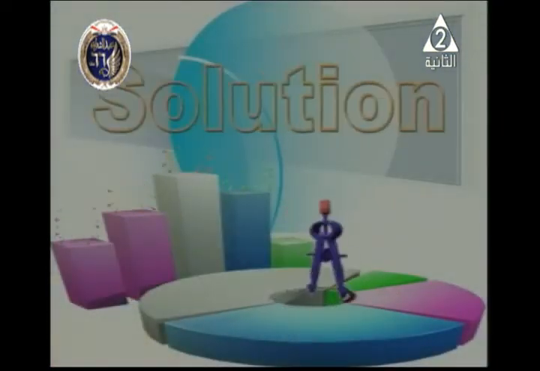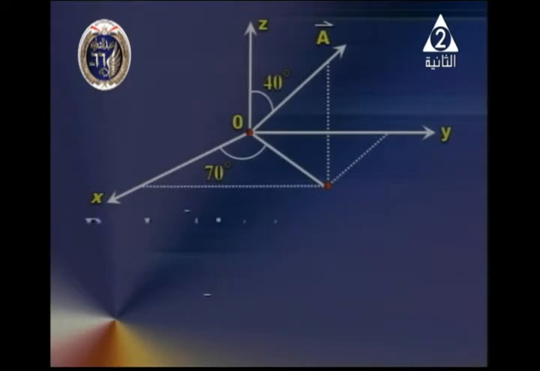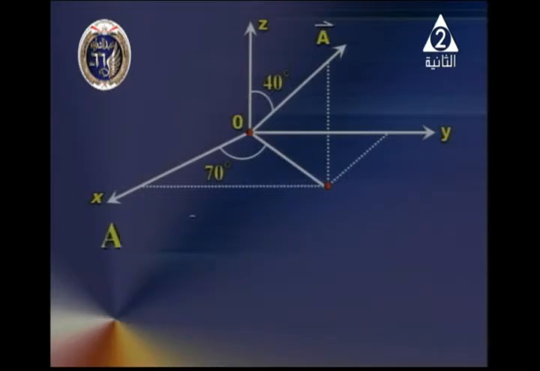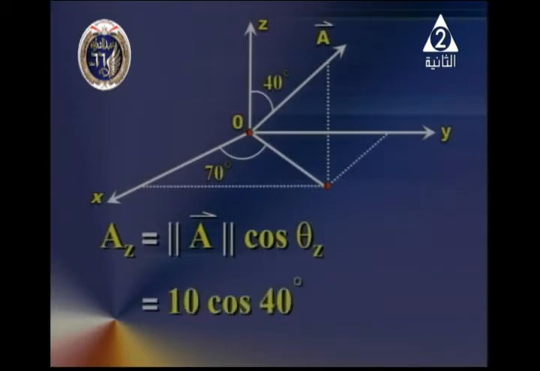Solution. Dear student, when we resolve a vector into two components, the first is in the direction of Z with magnitude AZ equal norm A vector cosine theta Z. What is the norm of the vector? It is 10.